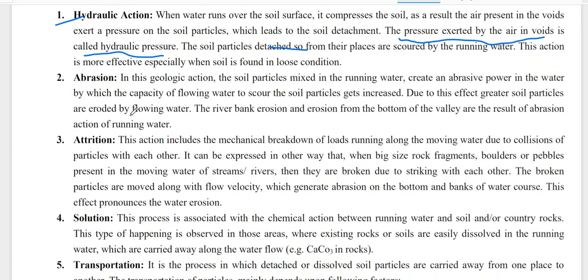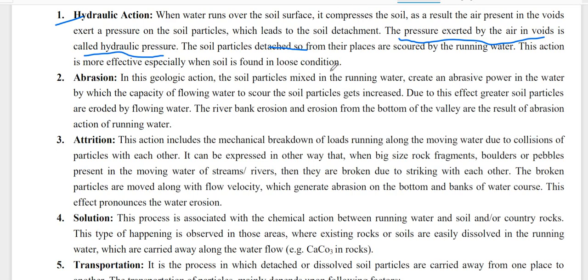Now abrasion. Abrasion is a geologic action where the soil particles mixed in running water create an abrasive power in the water, by which the capacity of the flowing water to escort the soil particles gets increased. Means it is simply telling that when the soil particles are mixed in the running water, it will create an abrasive power in the water, by which the capacity of the flowing water to escort the soil particles will increase.